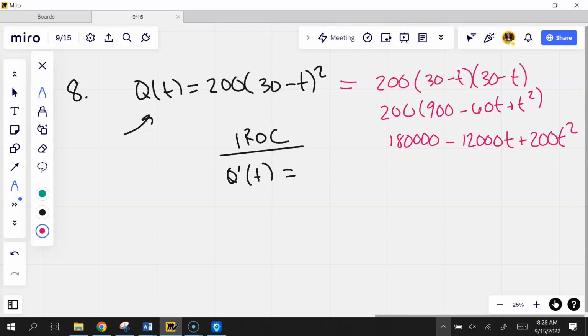What's the derivative? Negative 12,000 plus, that's right. So IROC is easy here, right? Because I just plug in that value for, what is it, 10 minutes. So what is the derivative at 10?